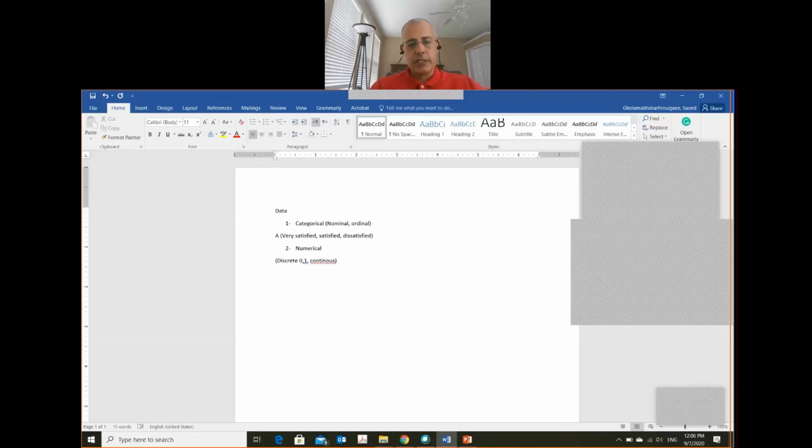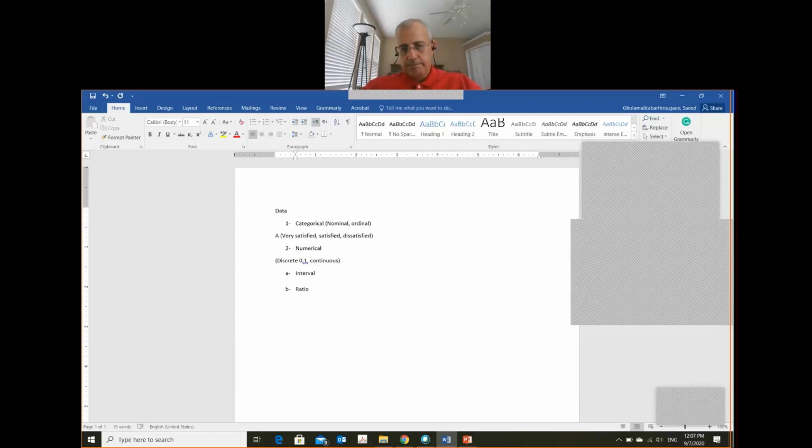In another classification, we can define categories like interval and ratio. These are the categories that can be defined within numerical variables.